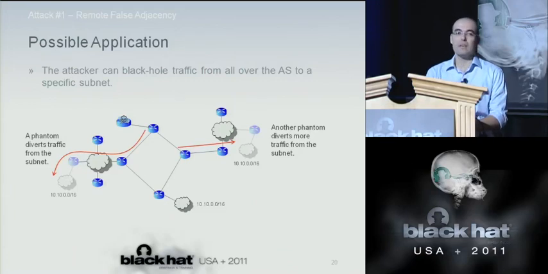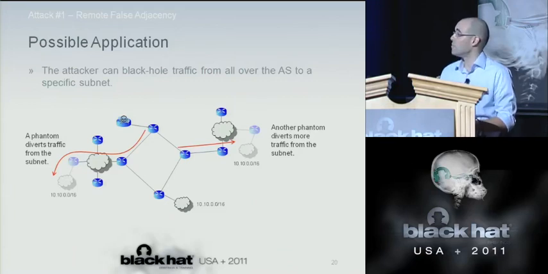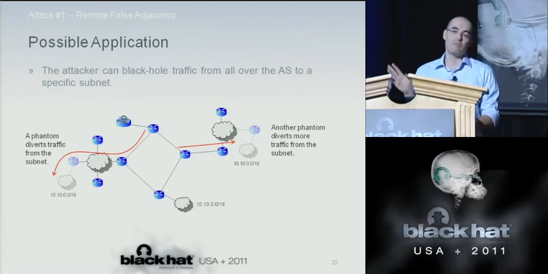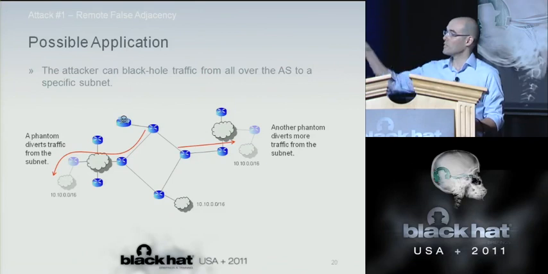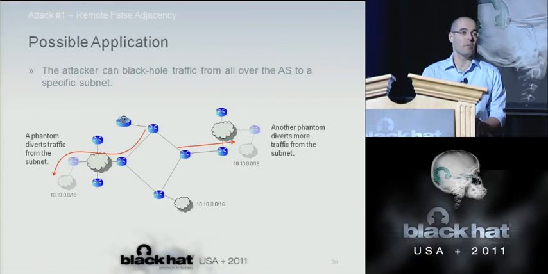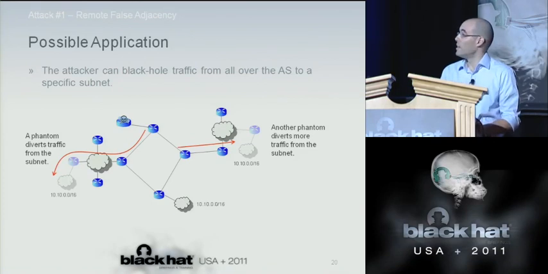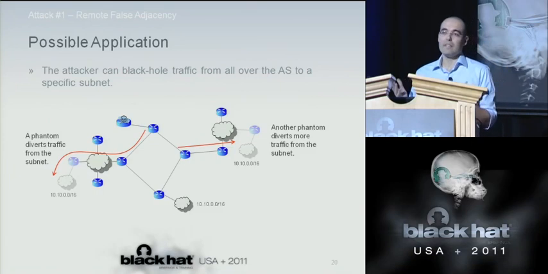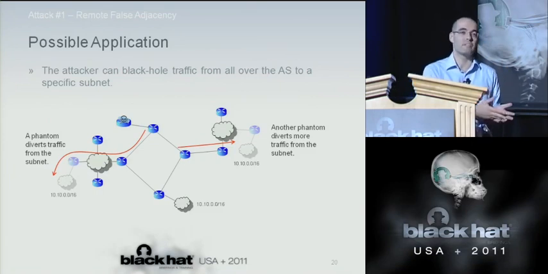Now, notice a few things. First, the attacker is not linked to the crime scene. The attacker does not reside on the network on the left side, nor on the network on the right side. So the network administrator will have a pretty hard time pinpointing the attacker. And in addition to that, this attack is totally flexible. With the same ease that he sets up a phantom router, he can tear it down and make it disappear.